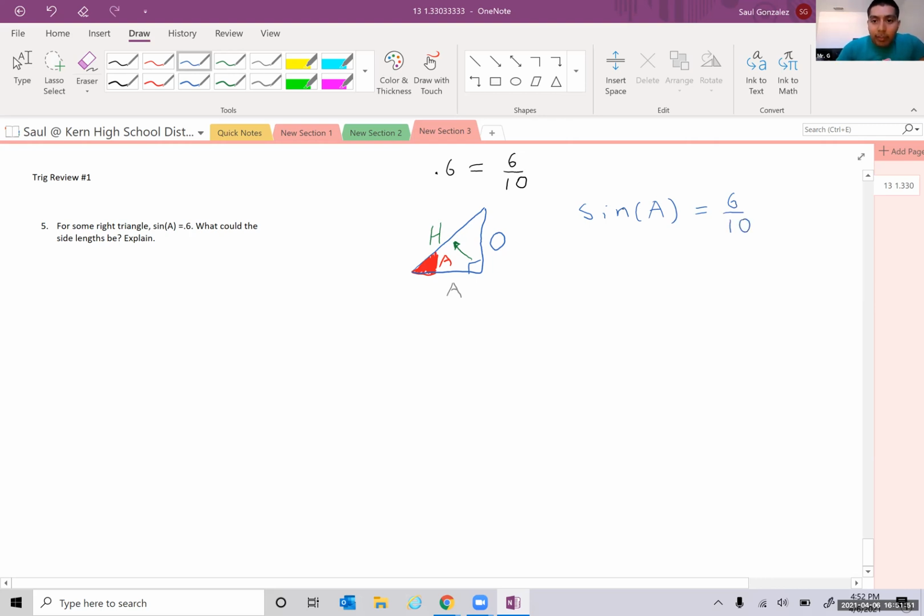So if we remember what this means, our basic trig definition for sine is, sine of A is also equal to O on top and H on the bottom. Okay, so O is here and H is here. But 6 is on top and then 10 is on the bottom. Therefore, it must be that O has to be 6, H has to be 10.